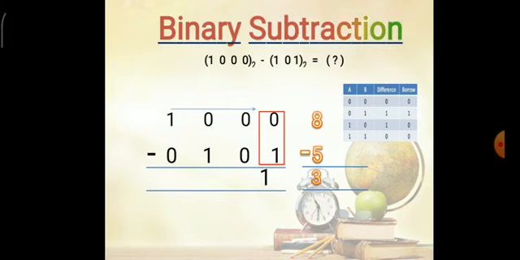After writing this, all the zeros before the solved 0 will be cut and converted to 1, and the 1 which has given the borrow will be converted to 0.